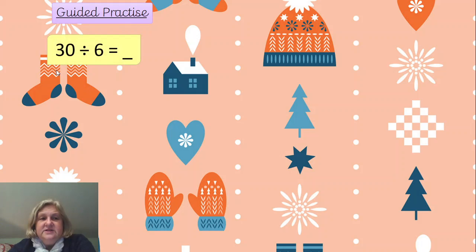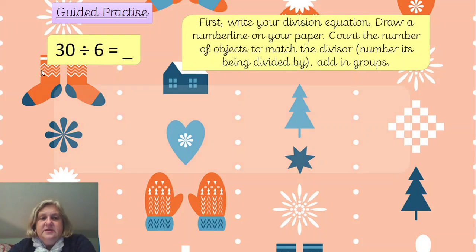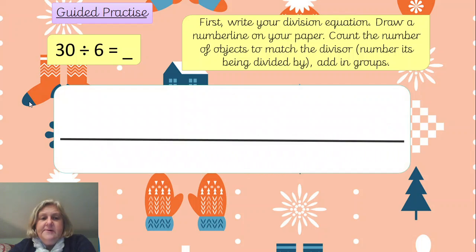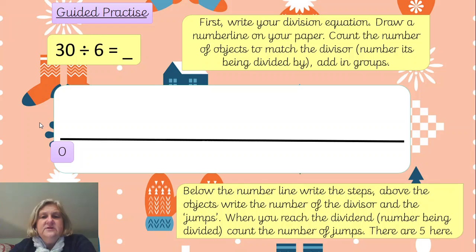So here's a guided practice one now. You can write this one down. There's your number line, and you're going to count the number of objects to match the divisor, so we're going to count up in sixes this time, and then you're going to add it on.